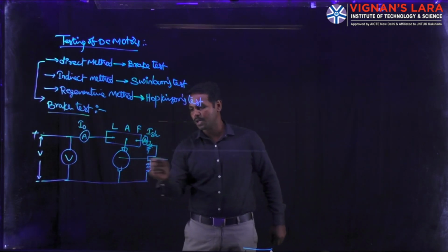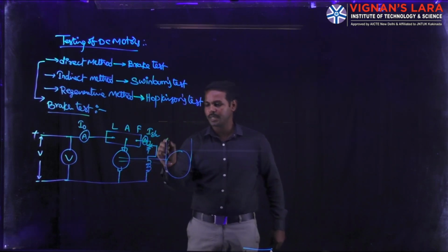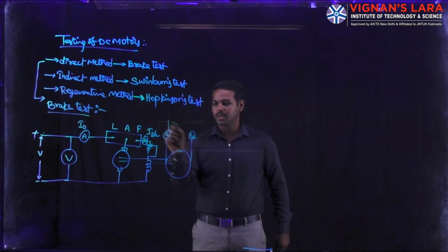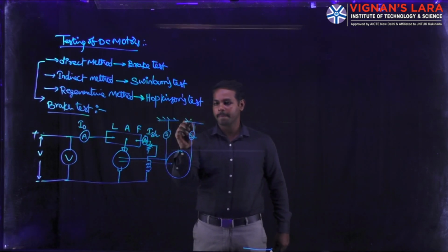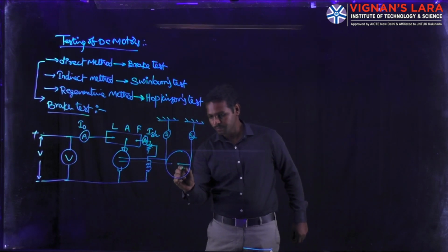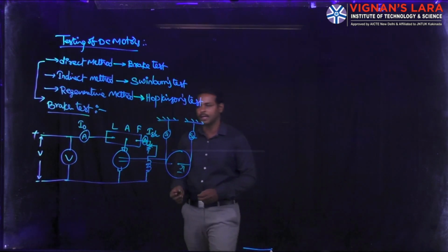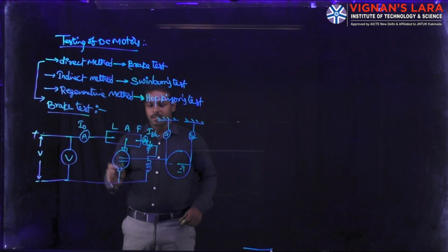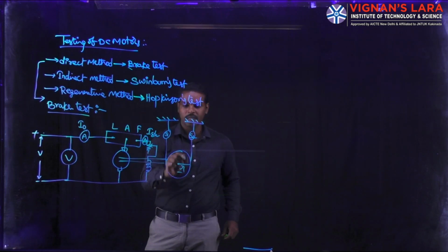The shaft of the motor is directly coupled to a pulley, with two spring balances denoted by S1 and S2, or a hinged pulley. The radius of the pulley is R. In this circuit, we apply the brakes on the shaft of the motor, so we can find the efficiency of the motor.